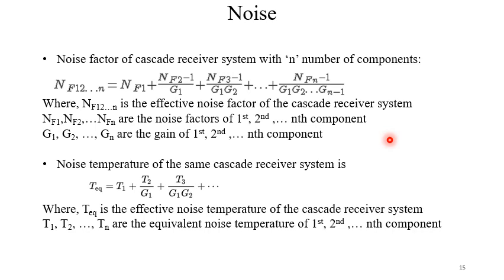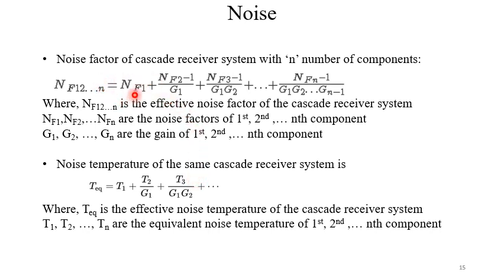Similarly, the noise temperature of the same cascade receiver can be written as T equivalent, or TEQ, equal to T1 plus T2 by G1 plus T3 by G1 G2 and so on, where T equivalent is the effective noise temperature of the cascade system, and T1, T2, T3 are the equivalent noise temperatures of the first, second and all the other components respectively.